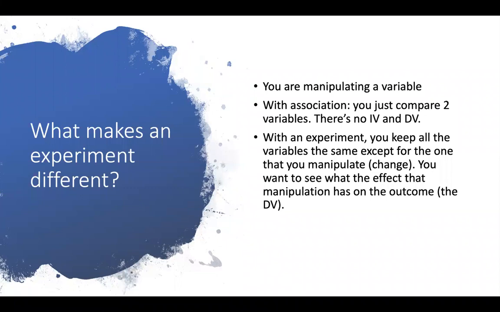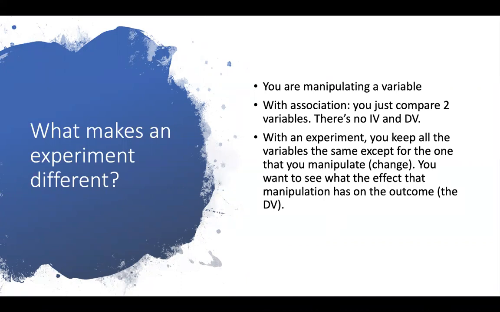So what makes an experiment different from an observational study where you're just looking, or an association study where you're looking at least two things? With an experiment, the thing that's different is that you are manipulating a variable. So if I'm observing narcissism in a group of people, I'm not manipulating anything. I'm not changing anything. There is no independent variable.